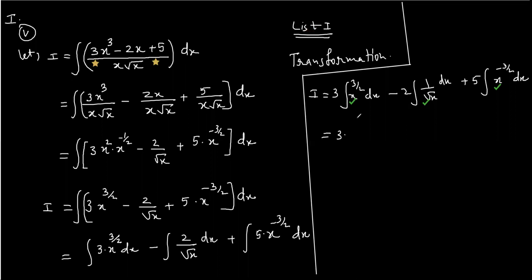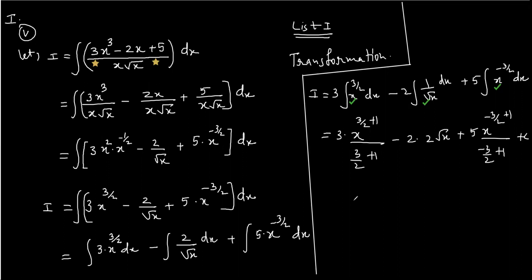3 into x raised to 3 by 2 plus 1 upon 3 by 2 plus 1, minus 2 into 2 root x. Integration of 1 upon root x is 2 root x, plus 5 x raised to minus 3 by 2 plus 1 upon minus 3 by 2 plus 1, plus c. So you have here, this is 5 by 2, this is 5 by 2.